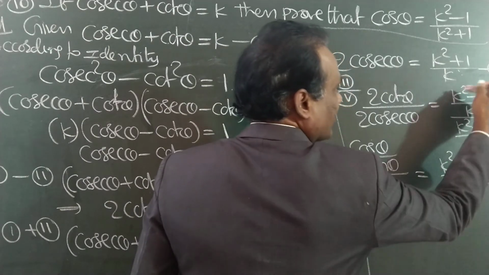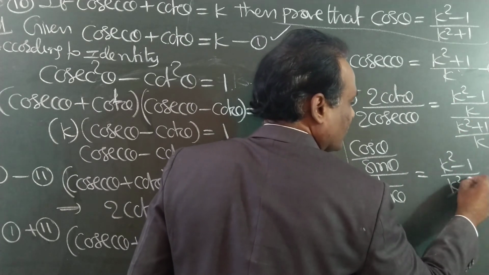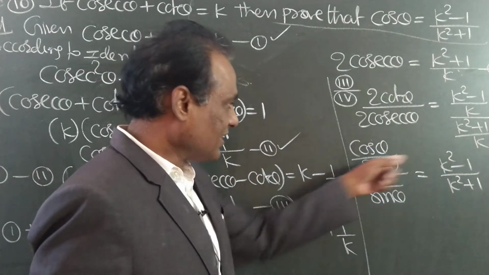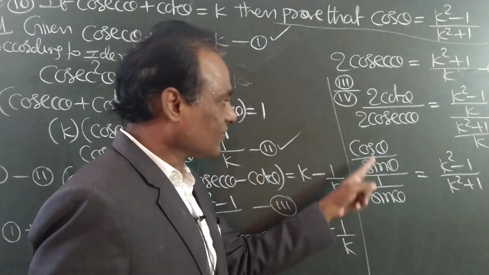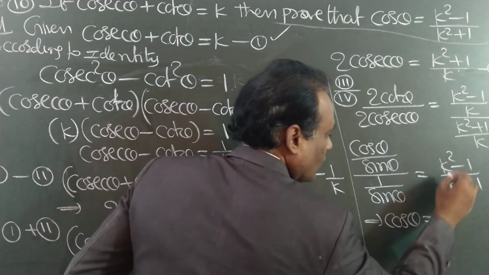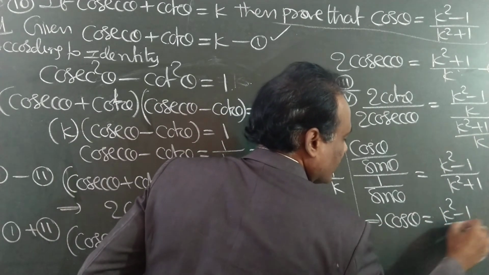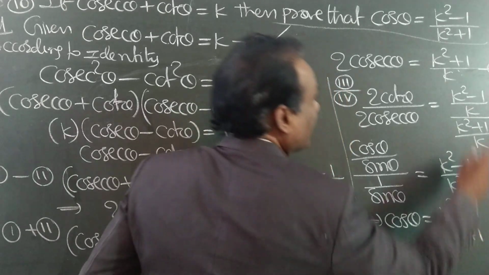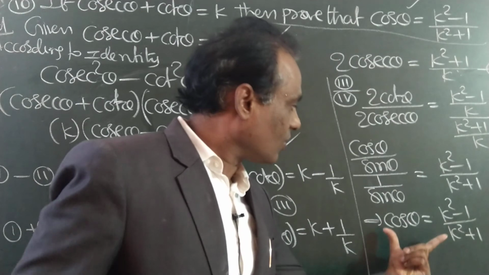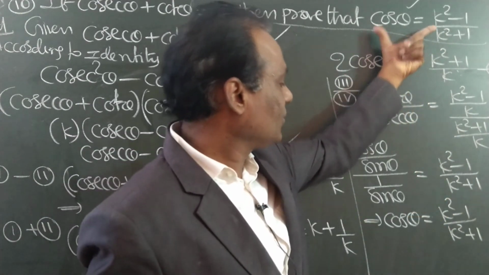K square minus 1 by k square plus 1. Sin theta cancels. Cos theta by 1 is cos theta, equal to k square minus 1 by k square plus 1. Exactly proved. Same proof we got.